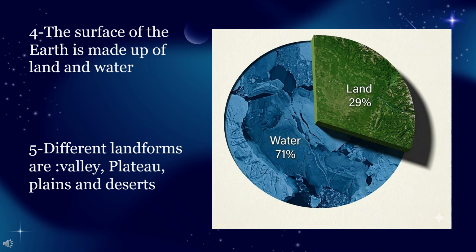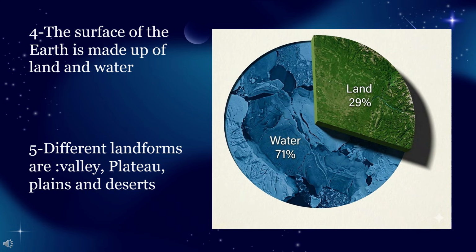Only 29% is land. But that land isn't just flat. Under point 5, we see landforms. These are the natural shapes of the Earth's surface.